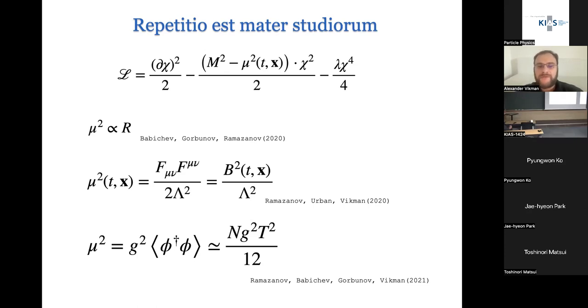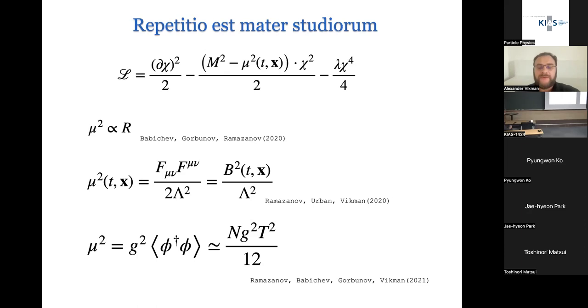And we assume that this phi has n degrees of freedom. So G squared is our portal coupling constant in that case. We assume that phi is thermal and chi is not. Basically, phi was produced during reheating. It participates in the thermal evolution of the universe, and chi does not.